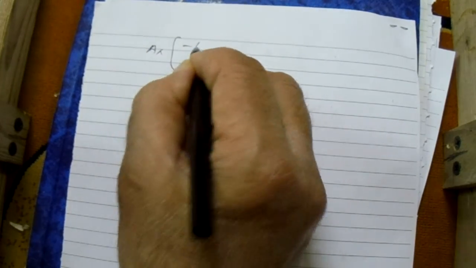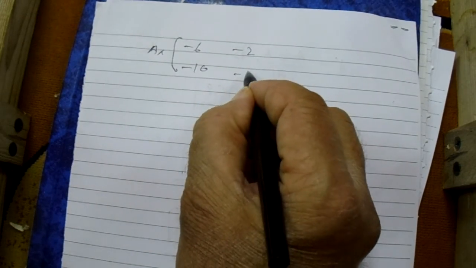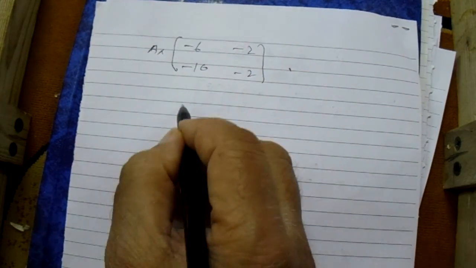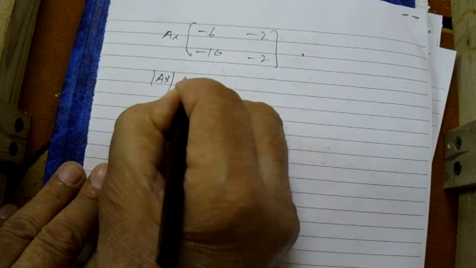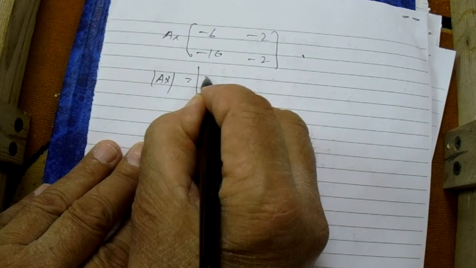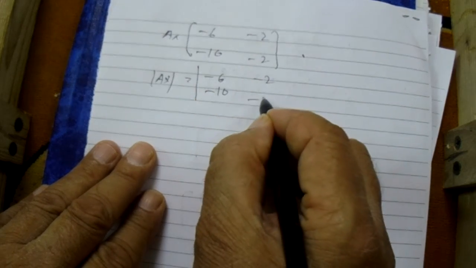Now minus 6, minus 10, and minus 2 and minus 2. Again here we write det Ax is equal to [-6, -2; -10, -2].